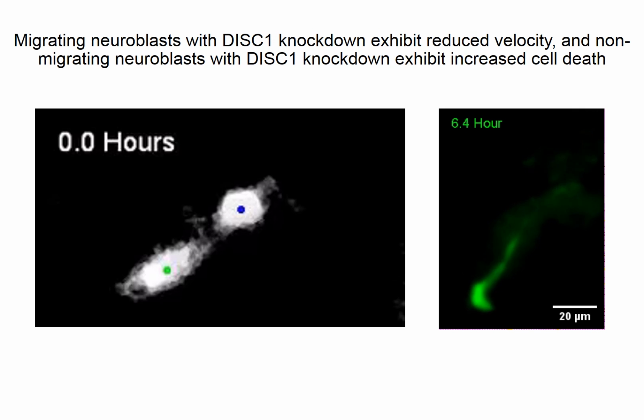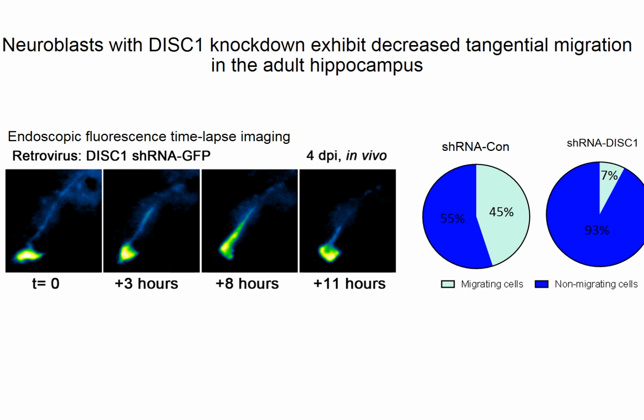Upon knocking down DISC1, if we record the cells for 11 hours, they don't seem to move much. They pretty much stay in the same position. In the global quantification, under the control condition, 45% of cells are moving, but under the DISC1 knockdown condition, the majority of cells are not migratory.